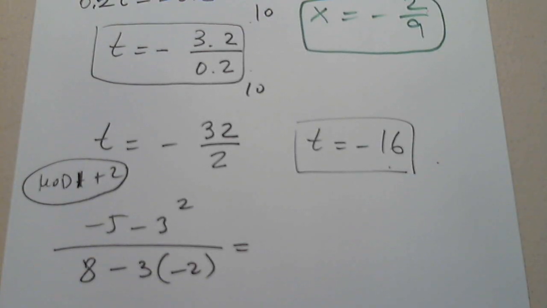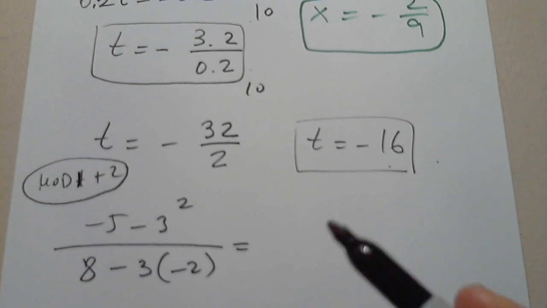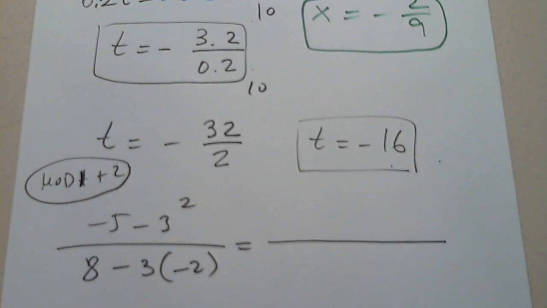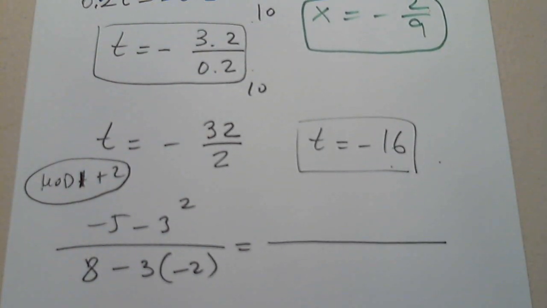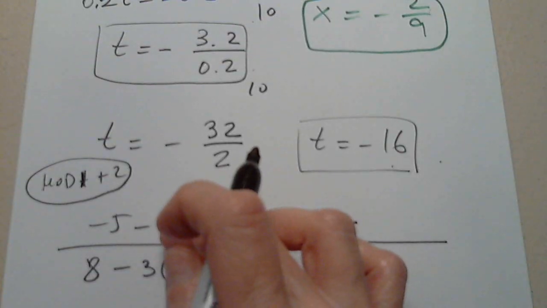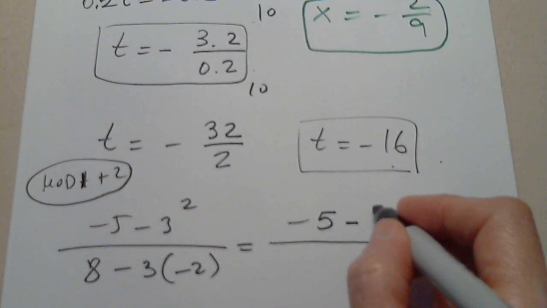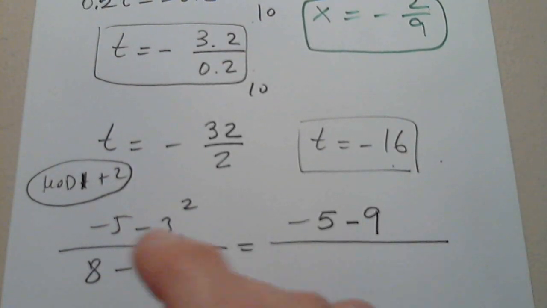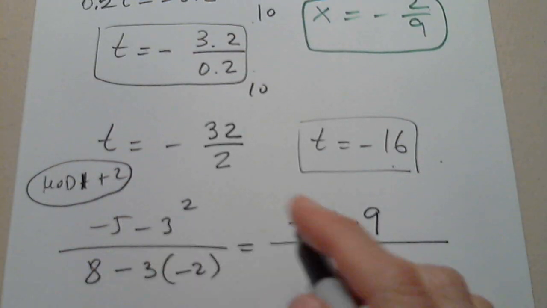Okay, can anyone get us started here? What should I write in the numerator? What should I write in the denominator, please? Negative 14. Yes, because 3 squared is 9 with minus in front. Good. What about the denominator? We have 8.